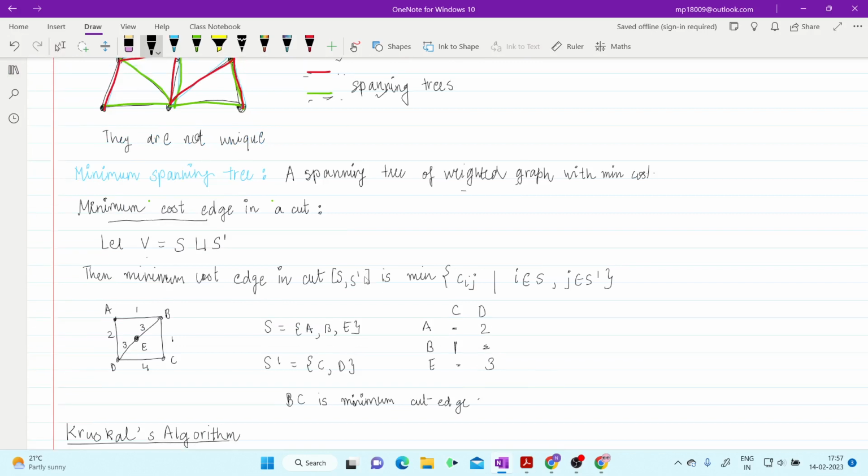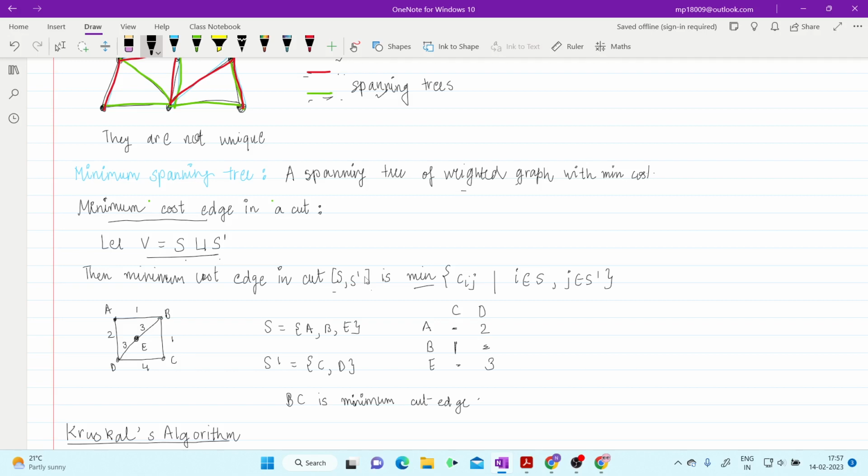As I have defined previously, what is a cut? We are basically dividing the set of vertices into two disjoint sets. So the minimum cost edge in the cut will be the minimum of all the edges with one vertex in S and the other vertex in S prime.